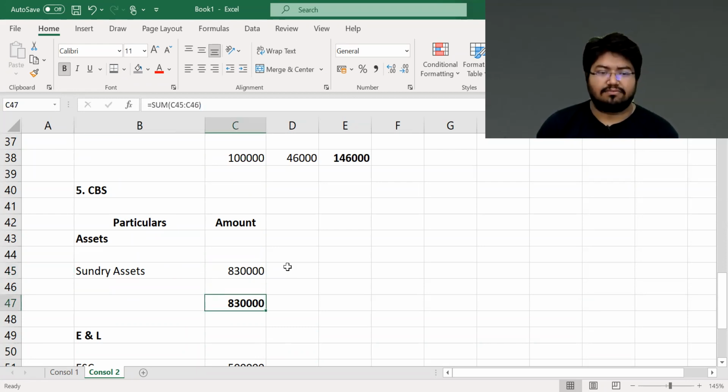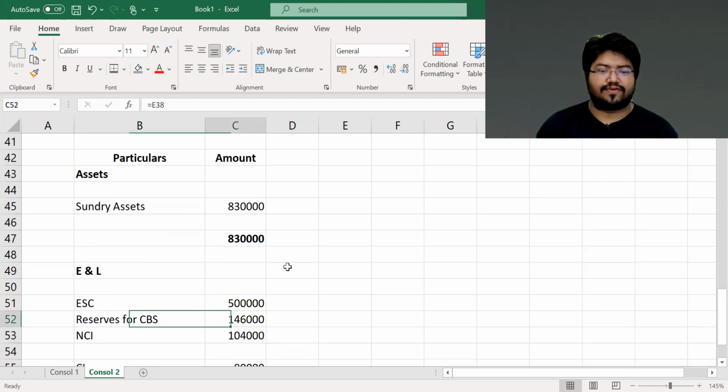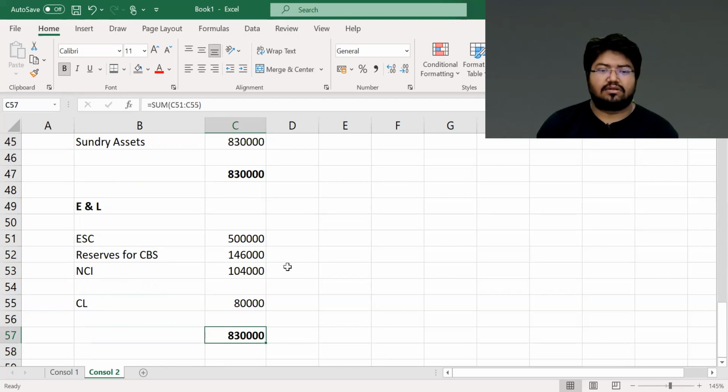Beyond this, nothing else comes. Equity share capital is 5 lakhs for parent. Reserves for CBS is 1,46,000. Non-controlling interest is 1,04,000. Current liabilities, that is creditors, you have 80,000. With that, your balance sheet gets tallied.